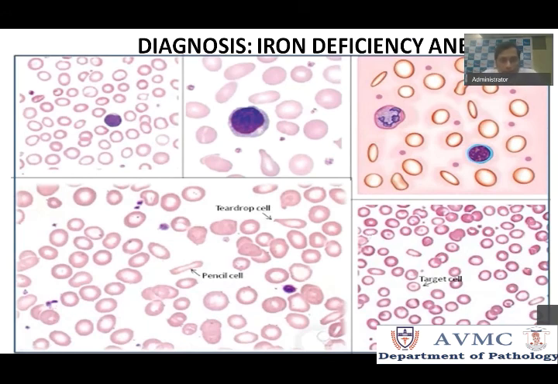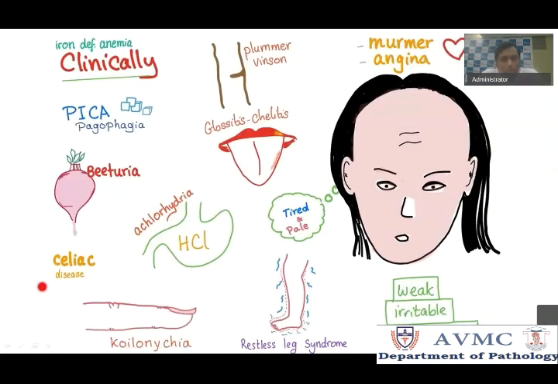Okay, so iron deficiency anemia typically presents with microcytic hypochromic anemia with marked anisopoikilocytosis. The platelets in the background may be increased, so there can be a reactive thrombocytosis associated with iron deficiency anemia. Okay, before you diagnose on the smear, the clinicians have a suspicion of iron deficiency. When the patient is anemic, and they find certain clinical findings like hair loss, glossitis, cheilitis, angular stomatitis, and brittle nails or spooning of nails, what you call koilonychia.